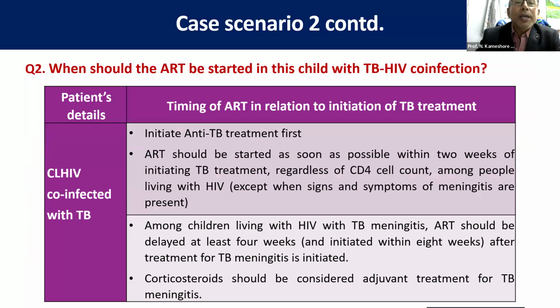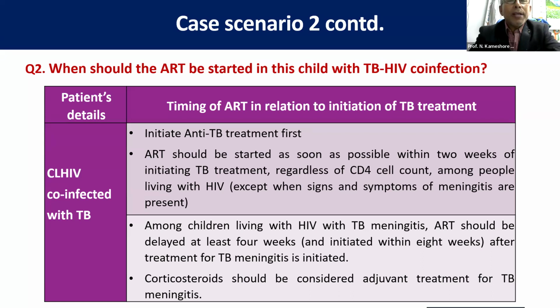continuing the case scenario 2, let us see when ART is to be started in a child with TB HIV co-infection. So timing is very important. So in a child co-infected with tuberculosis, we have to initiate anti-TB treatment first. ATT is to be given first, of course, along with cotrimoxazole as per the requirement.